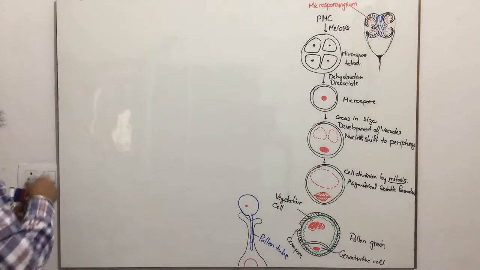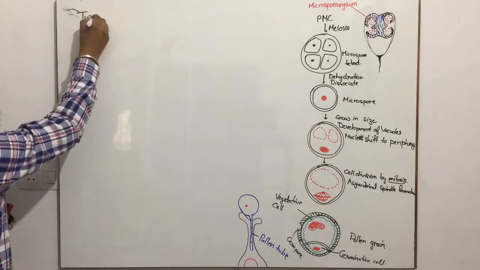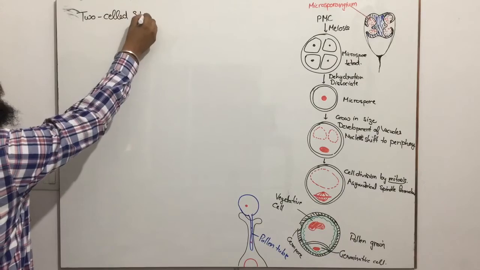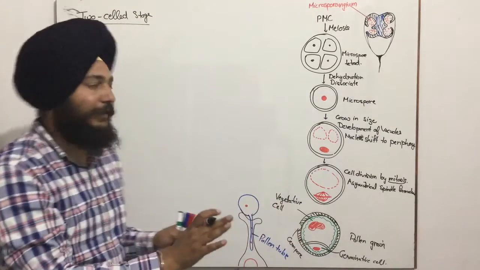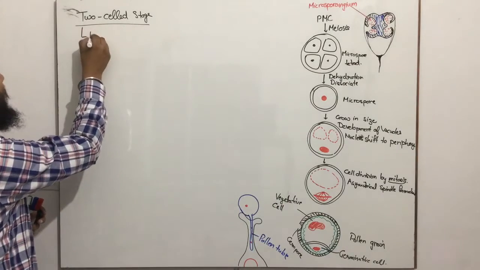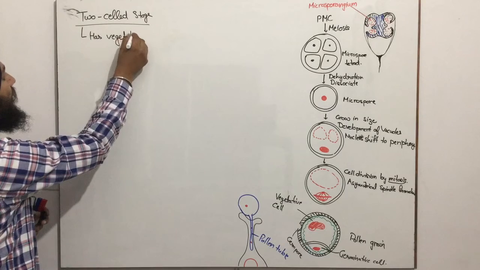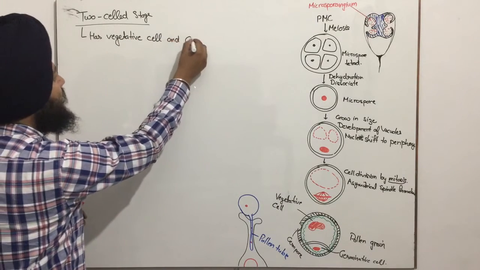So first we have the two cell stage. Okay, so the two cell stage is very much like this. So there is a vegetative cell and a germinative cell.